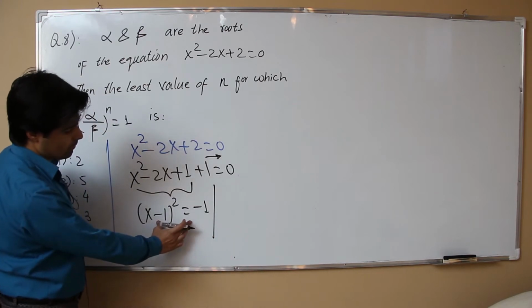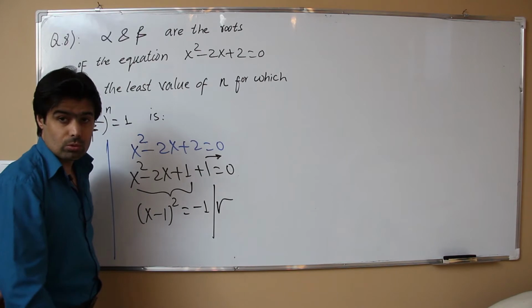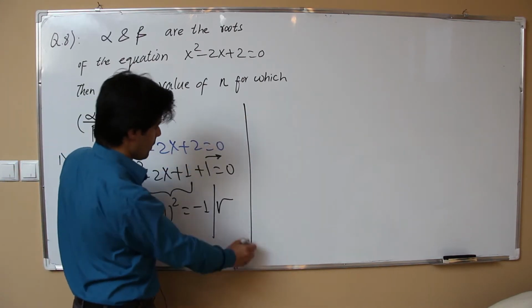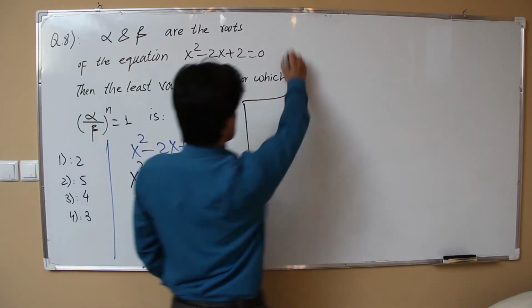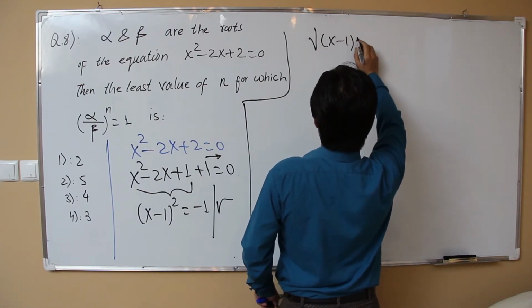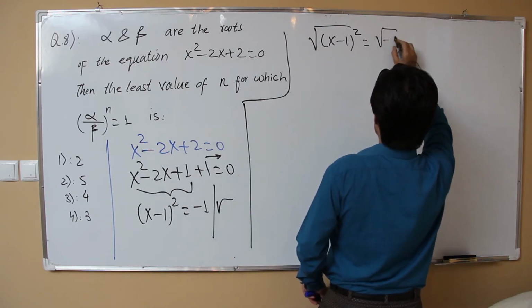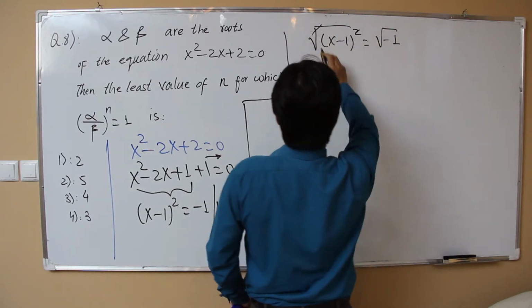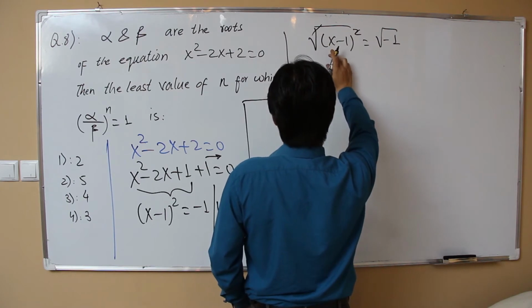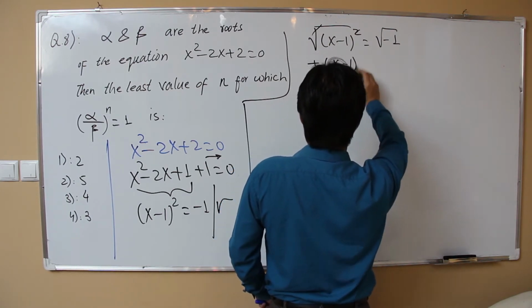Now the roots for this equation: we have to take the root on both sides. Now we can write this one, root of (x minus 1) to the power 2 is root of minus 1. We can cancel this one, but the roots for this one is plus minus (x minus 1).